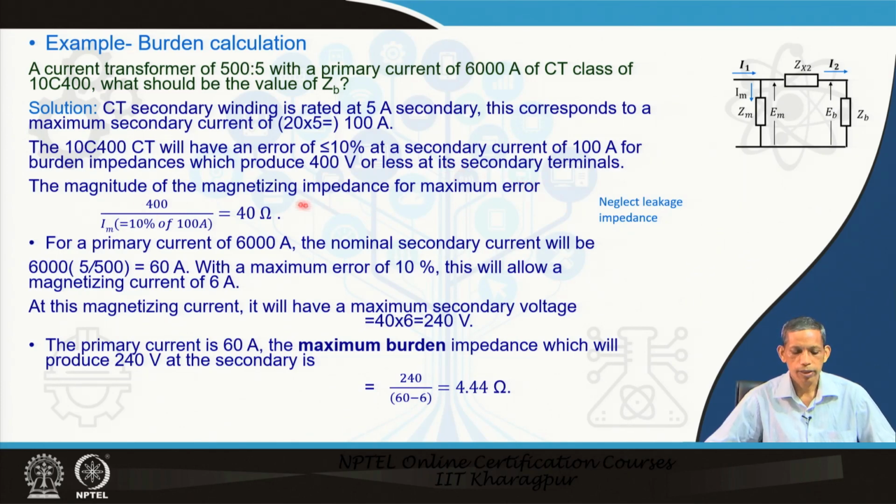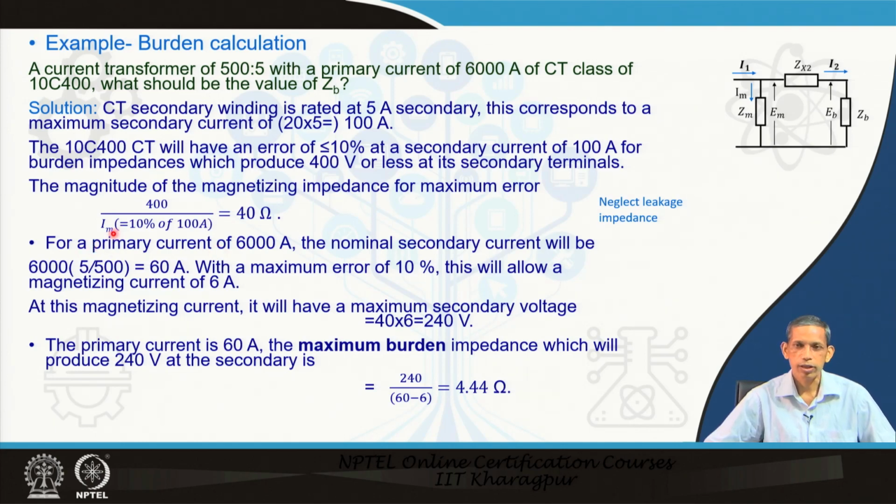The magnitude of the magnetizing impedance for maximum error, because we have 400 volt. Let us neglect the leakage impedance. So, if you have 400 volt, divided by the corresponding 10% error. Who creates the 10% error? The Im creates.